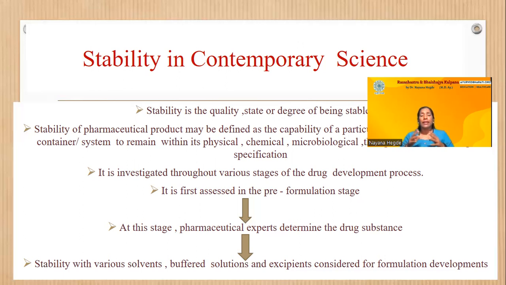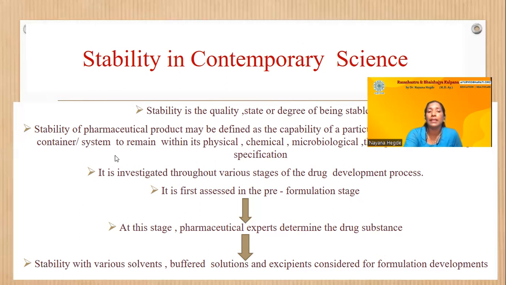Then it is first assessed in the pre-formulation stage, and when the drug substance mixes with the different solvents or buffered solutions or different things, how it reacts and what the stability of that formulation is should be determined by the pharmaceutical expert.